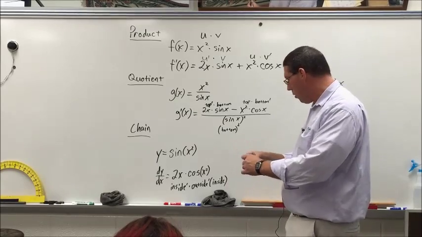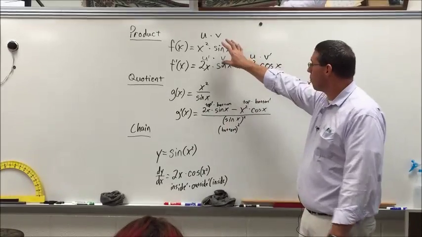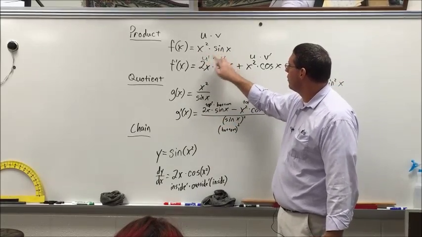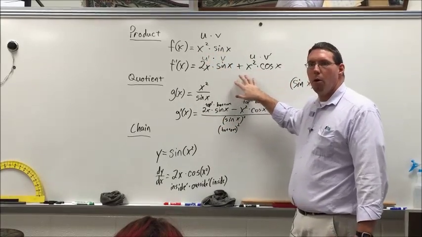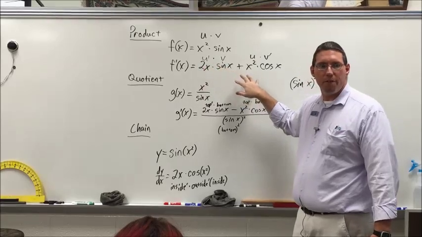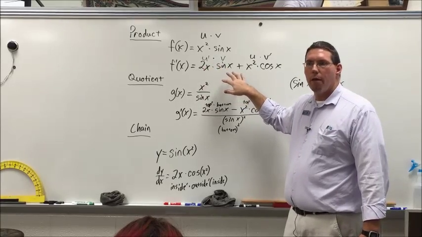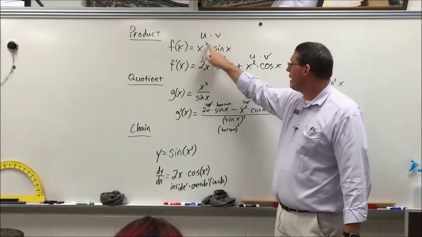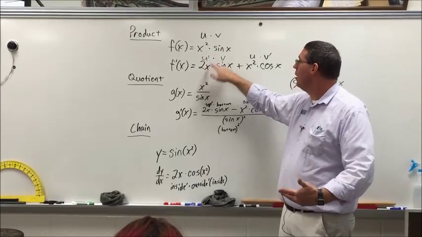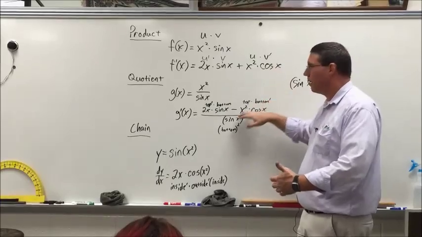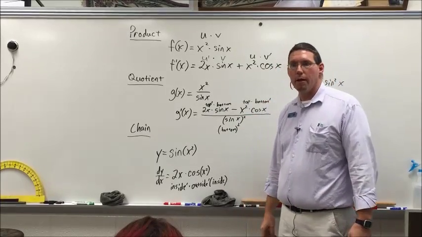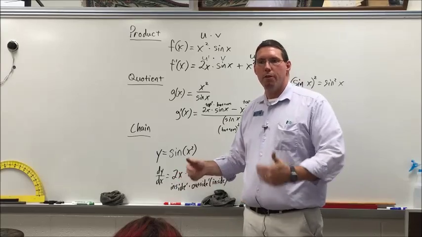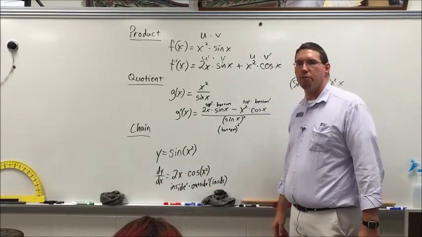Do you notice how when we do the product rule, quotient rule, and chain rule, what rules are we applying to the individual derivatives? The basic rules. When we do the derivative of x squared, we're applying the power rule. Then we're applying the derivative of a trig function. We use the basic rules to accomplish the advanced derivative rules.